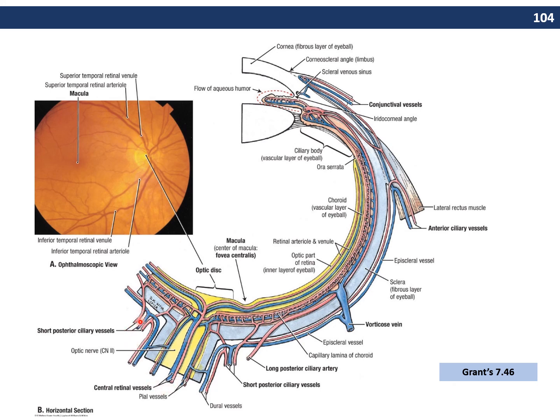The short posterior ciliary vessels are shown here, piercing the sclera of the eye to gain access to the choroid layers, and the central arteries and veins of the retina are riding inside the optic nerve towards that inner tunic where it can help to supply the retina.